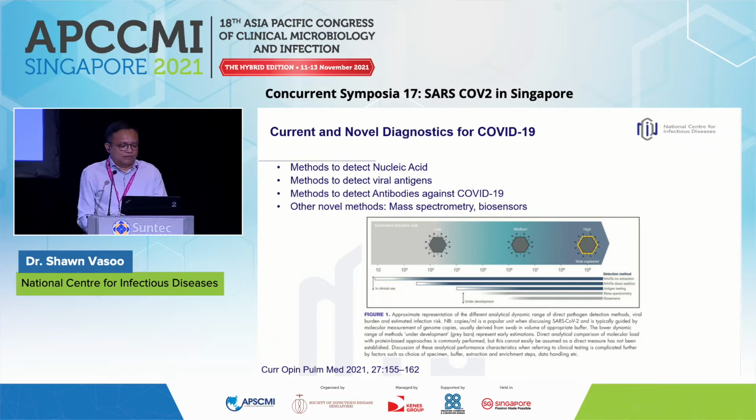They have looked at volatile organic compounds, host signatures which might occur when we are infected with various pathogens, but those are still works in progress and there have been technical challenges. So biosensors are still an area of active research.